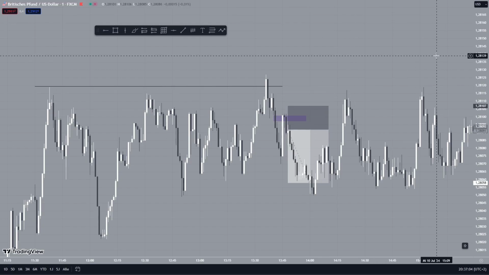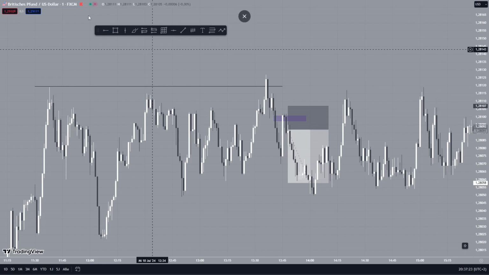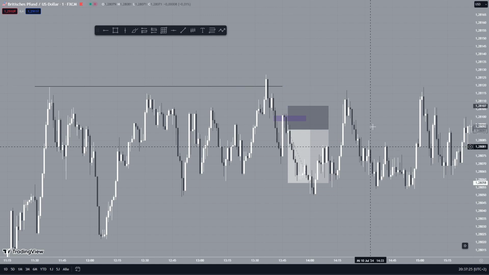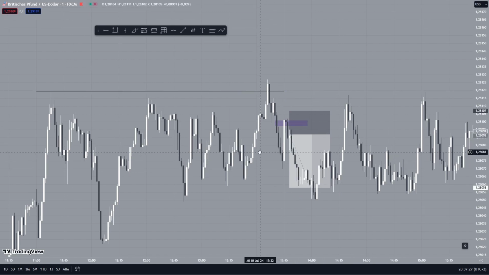Why is it not the same? Because the Silver Bullet is 5-minute liquidity sweeps and executing on the same time frame. So I think it was a 5-minute liquidity sweep executing on the 5-minute time frame, which is the first difference, because we don't even execute on the 5-minute, which is a big difference. It doesn't sound like a big difference, but it is.